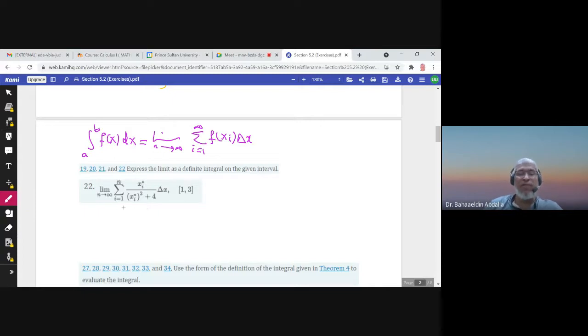So here this limit is given, okay? The limit is given, and we need to express this limit as a definite integral.